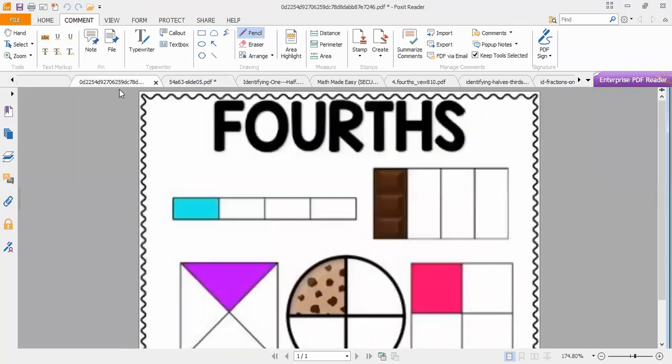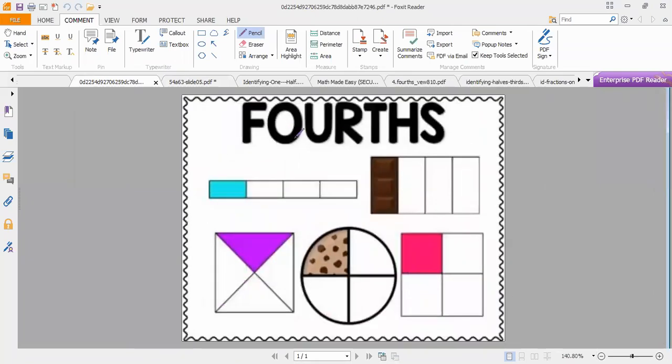Today we have a new lesson, a new term, which is fourths. From its name, fourths means we're gonna have 4 equal parts. We need to focus on the word equal, grade 1. Equal parts.